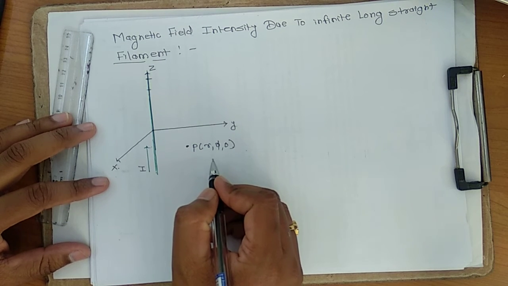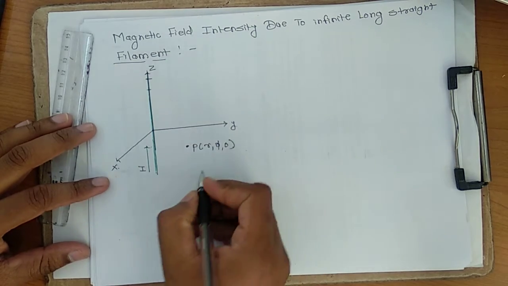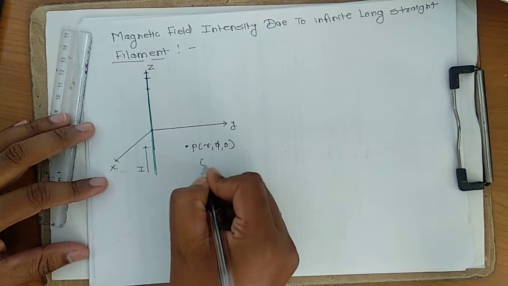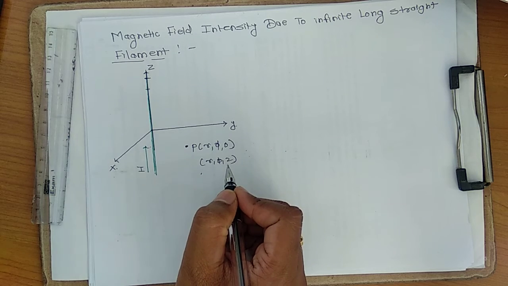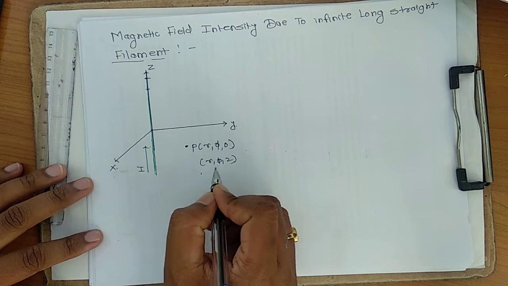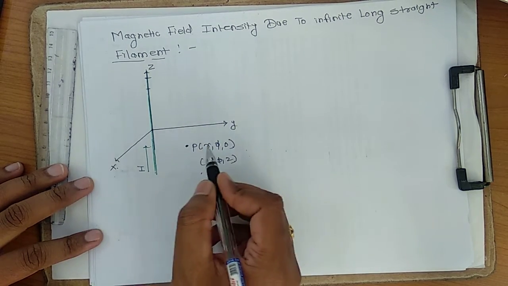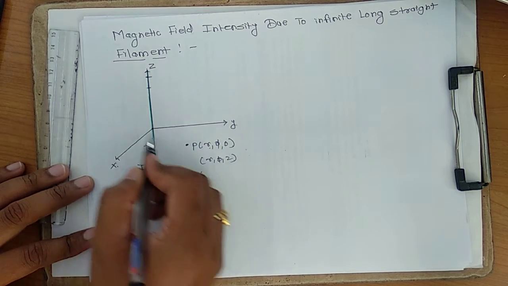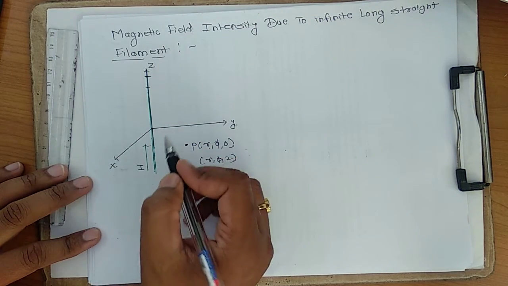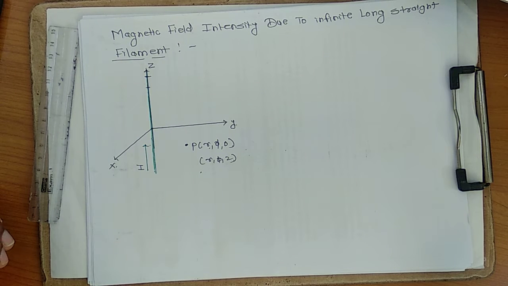Which are the coordinates for the cylindrical coordinate system? The cylindrical coordinate system has the coordinates r, phi and z. In that, r, phi, z are the general coordinates. But if you are calculating at a point on the xy plane, suppose it has some radius.